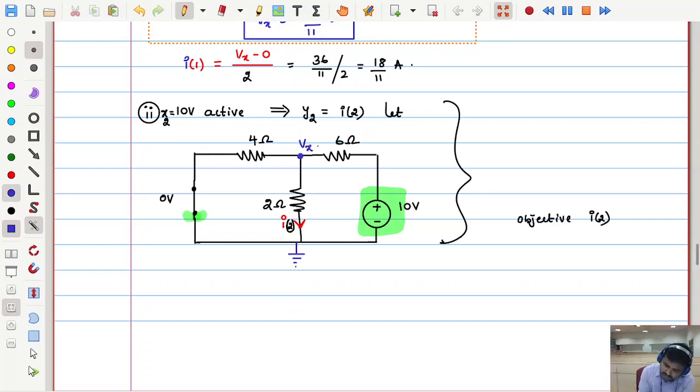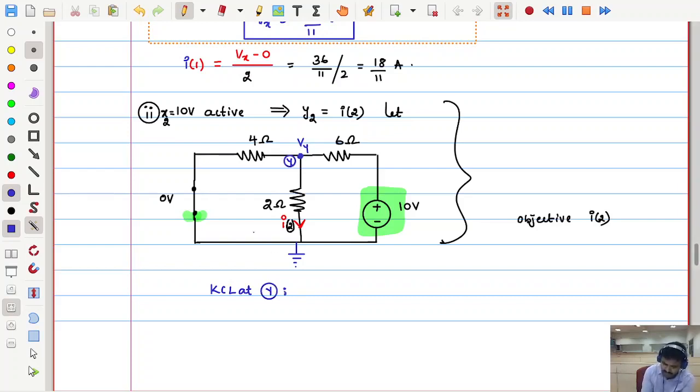I am assuming a node voltage again Vx, or, if you will get confused with the previous Vx, let me say this is some Vy, for the second case. Now again write the KCL at node Y. What do we get?